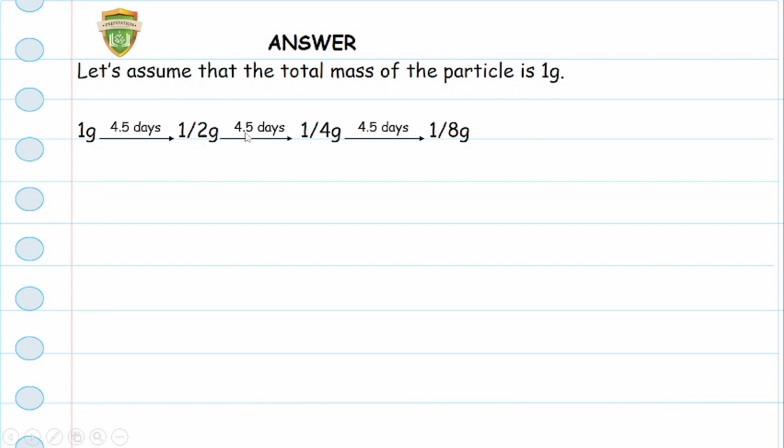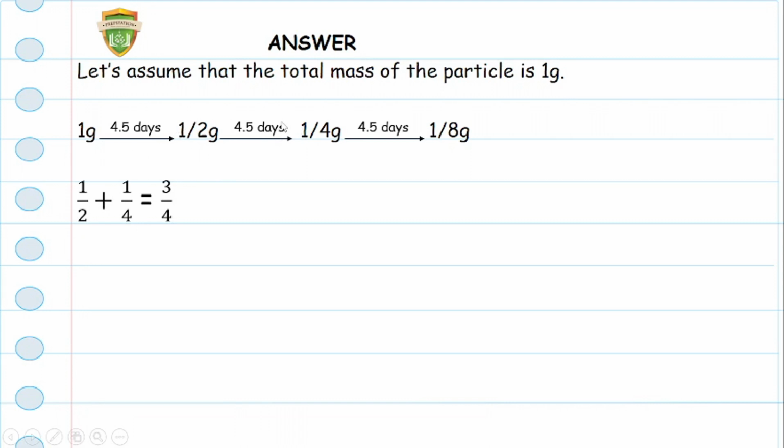After another 4.5 days, it will be a quarter of a gram. After another 4.5 days, it will be 1/8 of a gram, and so on. After another 4.5 days, it will be 1/16. But then the question asks after how many days will 3/4 be gone. So we can find out here that the first 4.5 days will leave you at half.